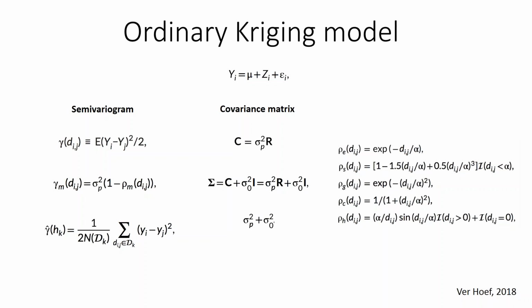So rho sub e of d_ij, the first row in the right hand column, is an exponential function. And which are the other ones? I think it's indicated by the subscript: e is exponential, s is probably spherical, and g is Gaussian.